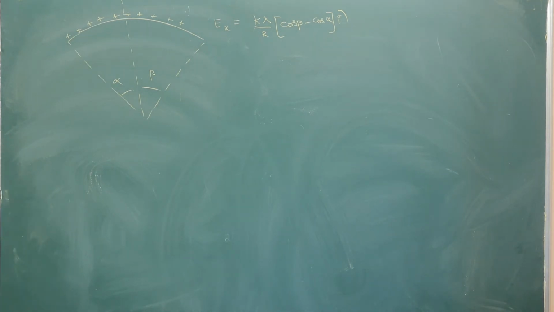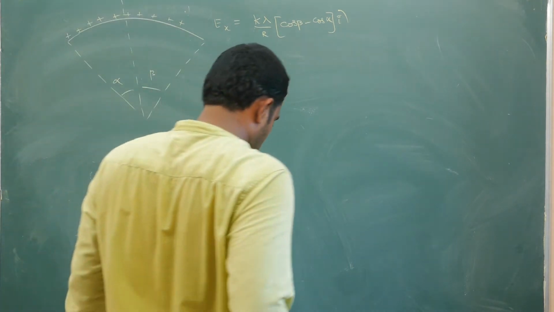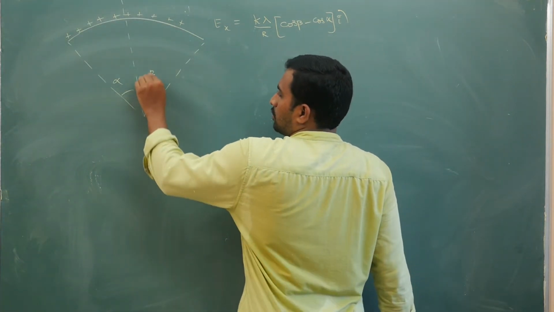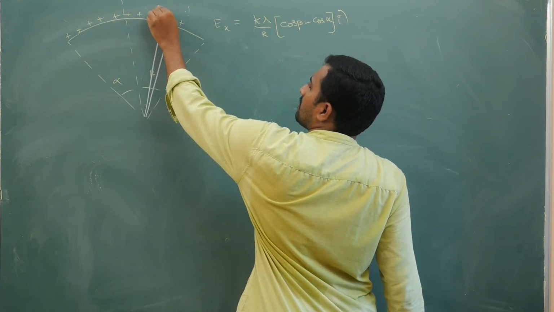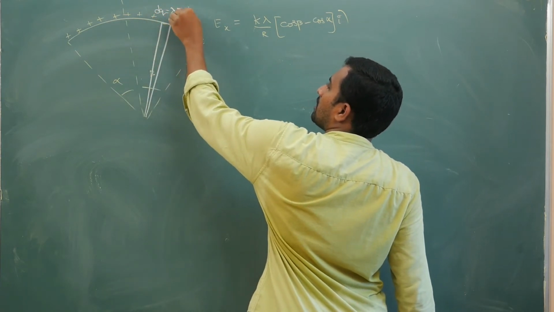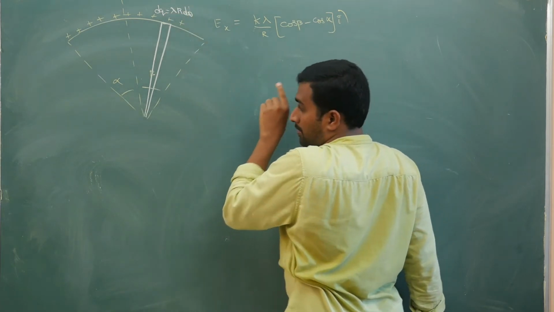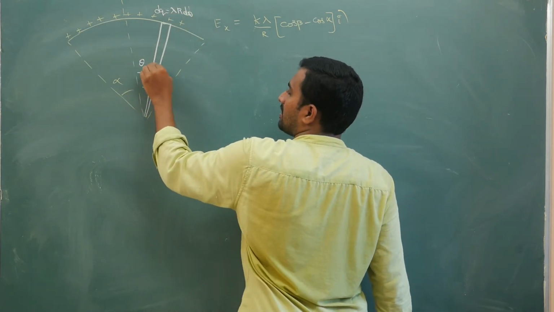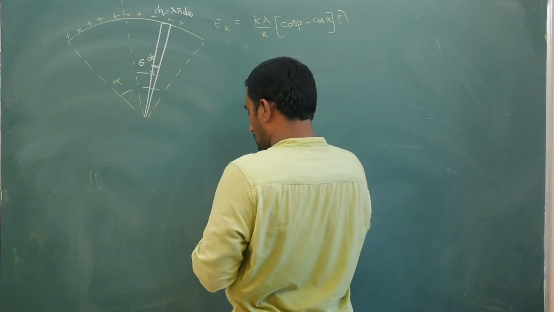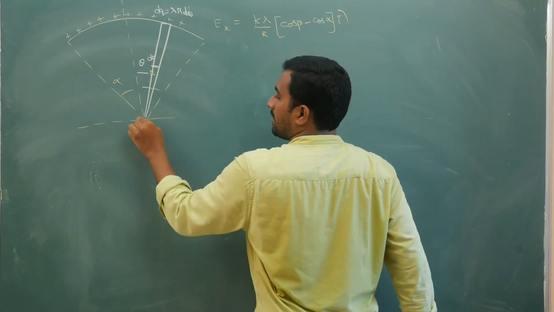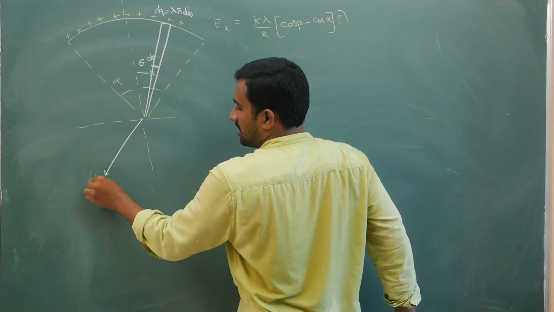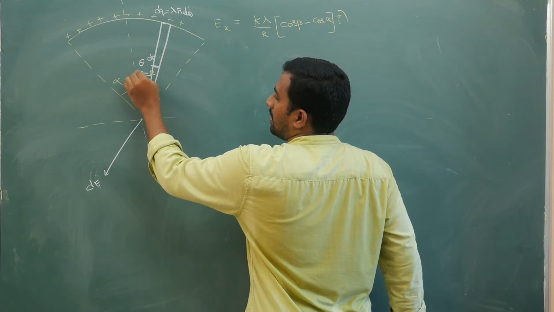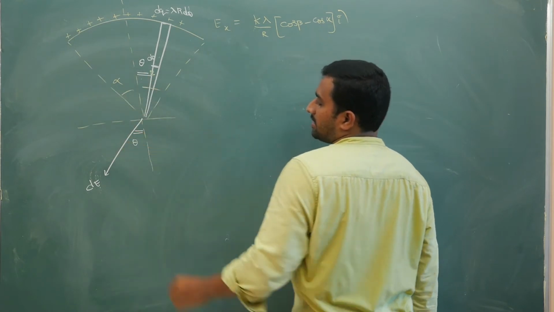coming to your y-axis, what exactly happens here is we will do the same. Here your dq is lambda times r d theta. This angle is theta, this angle is d theta. Now exactly at the axis we have a small field dE, and if this angle is theta, this angle is theta.